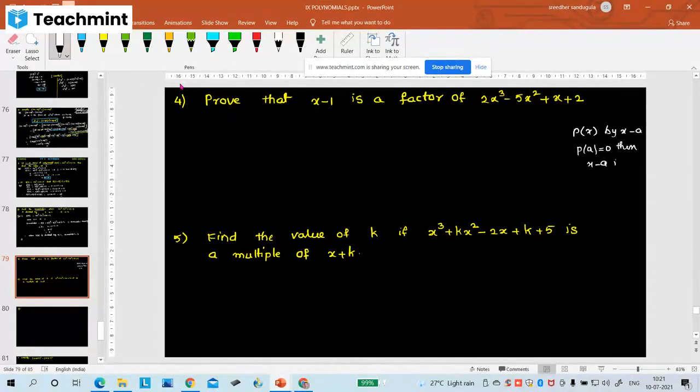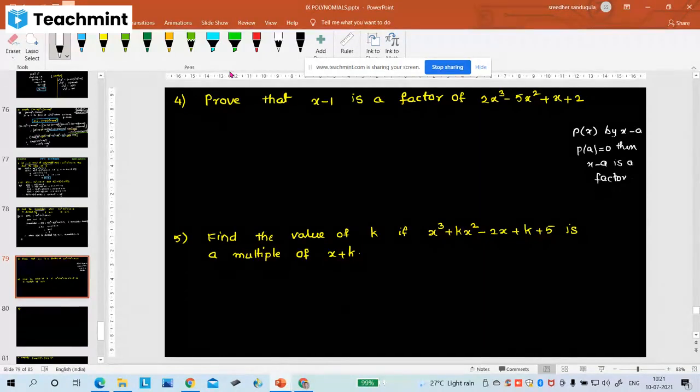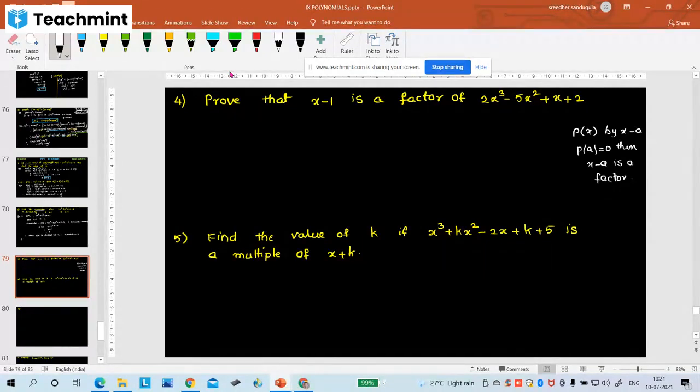If P of x is divided by x minus a and P of a equals 0, then the divisor x minus a is called a factor of P of x.